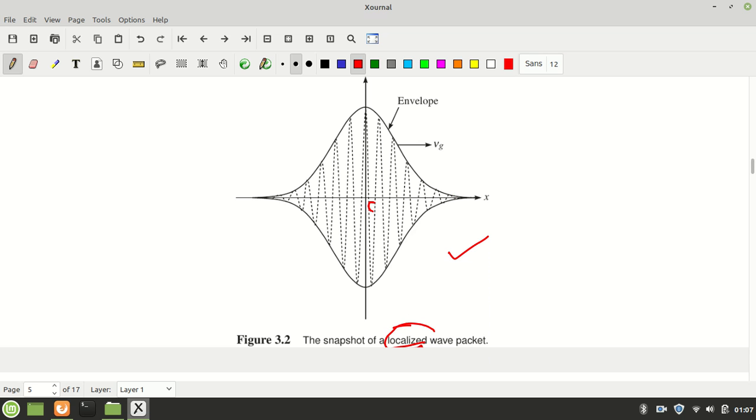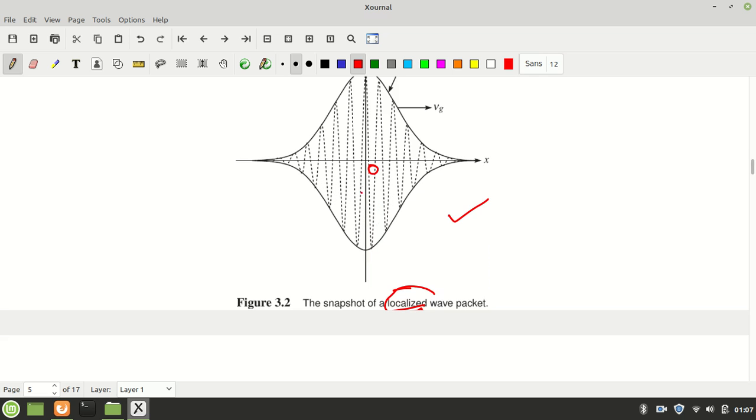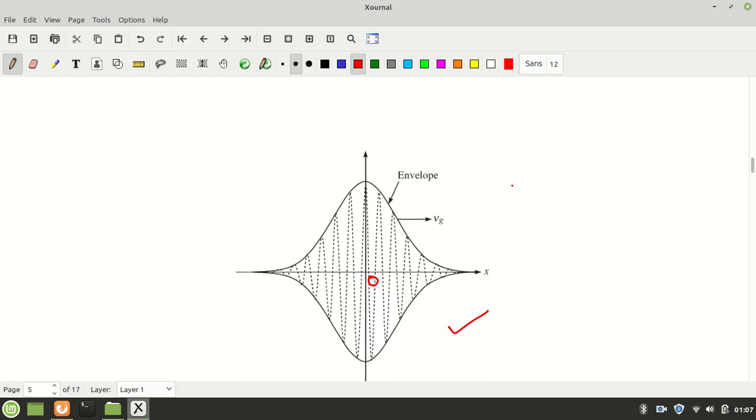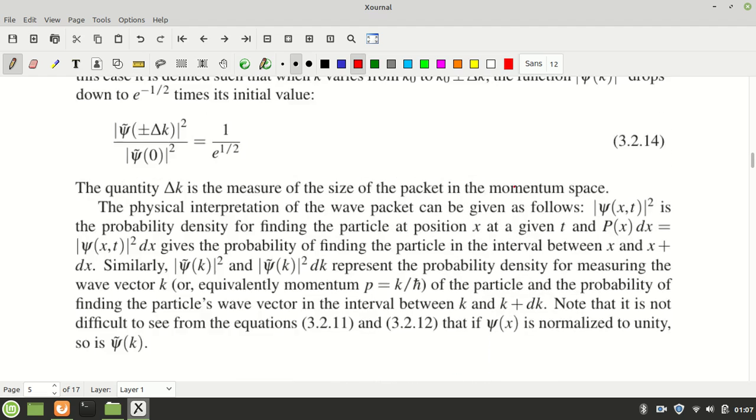This is the x equal to 0 point, and you can see that at x equal to 0 the wave is at its peak. This is actually the result from the single slit diffraction you saw in your previous classes. That is actually what has been done here.